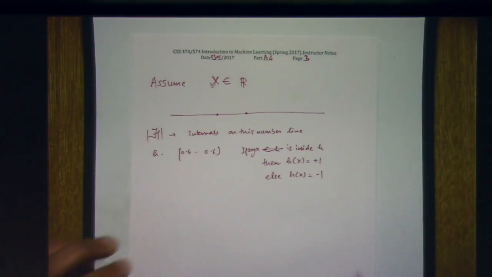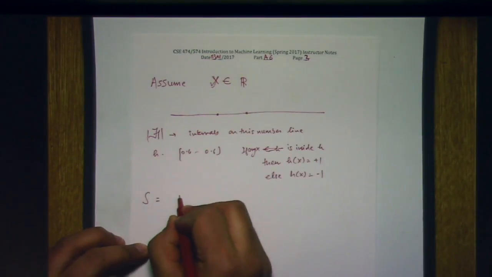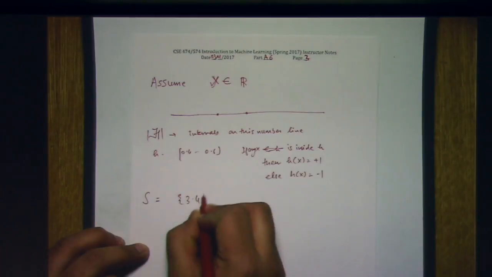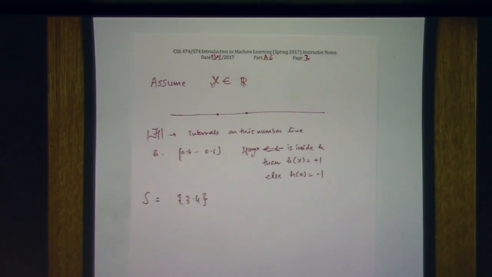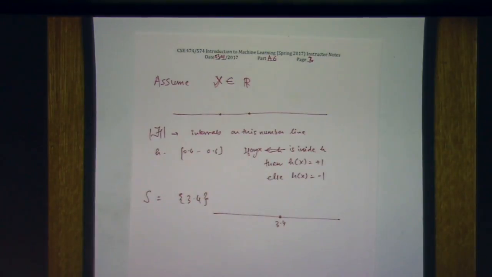So let's say this is our hypothesis space. Now we want to see if this hypothesis space shatters a given subset. Okay, so let's say our subset S is just one value, 3.4. It just contains one value, right? So let's say 3.4 is here. Now how many ways can we color this in?